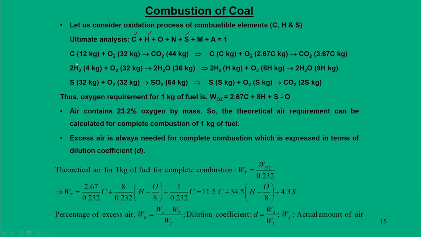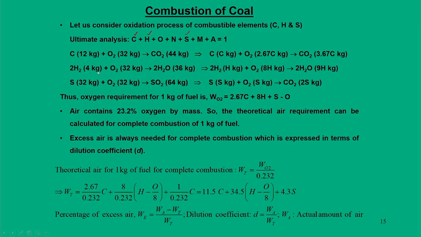For a complete combustion of carbon with oxygen, we require 12 kg of carbon. For 12 kg of carbon, the oxygen requirement will be 32 kg, because its molecular weight is 32, so that it forms 44 kg of CO2.